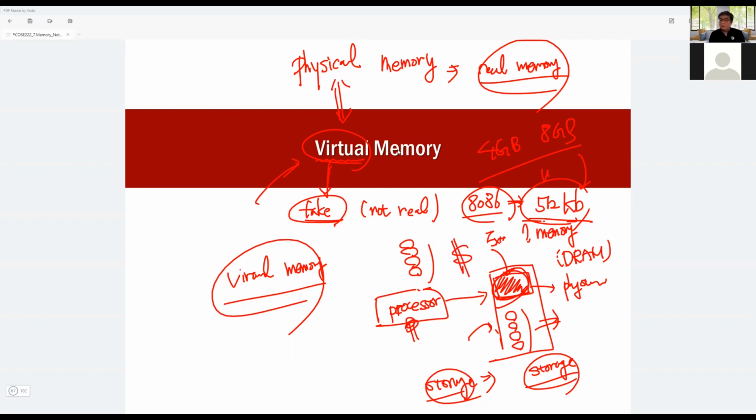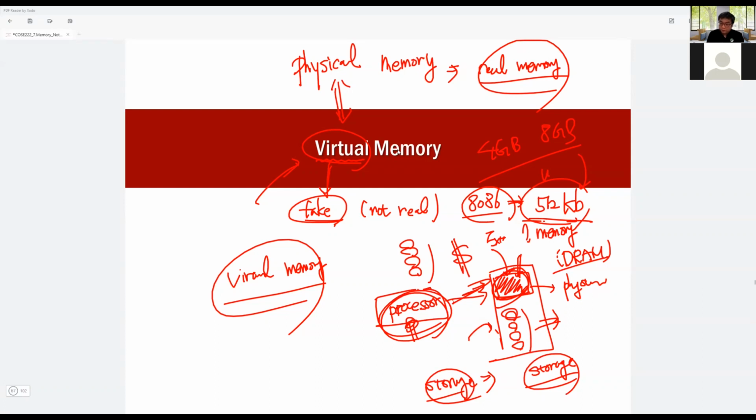So what does that mean? If data is accessed by the processor, then this data is moved to the DRAM, and it is used by the application.